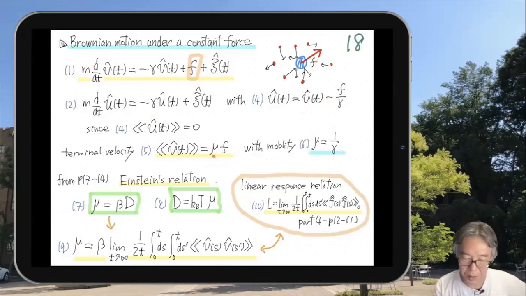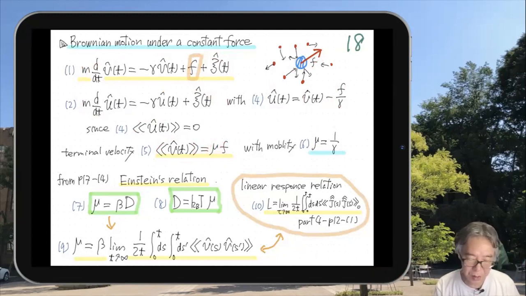Mobility is actually a response coefficient or transport coefficient, like what we did in the discussion of linear response theory in part 4. We are applying an external force and inducing the current in this Brownian motion. And then this velocity, the current, is given by this force times a constant. So this constant is something important. This is a response coefficient.